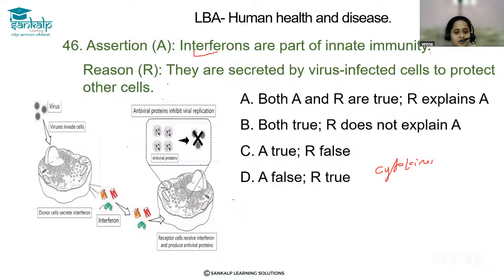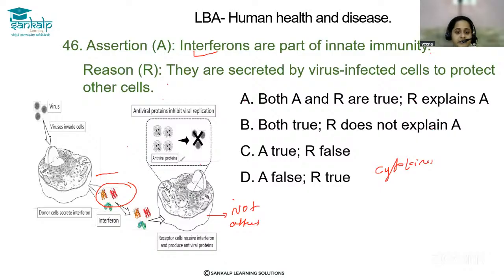Just observe the image here. This is the virus infected cell in the image. It is going to release these interferons to give a signal to another cell which is not affected. When it receives the interferons, the receptors receive them, and this produces antiviral protein against the infection.